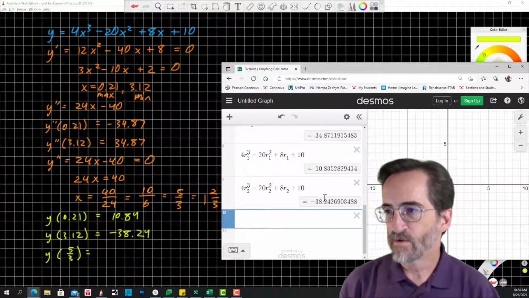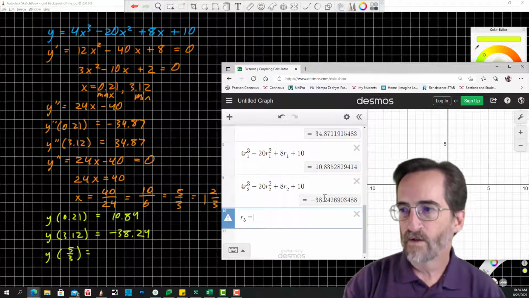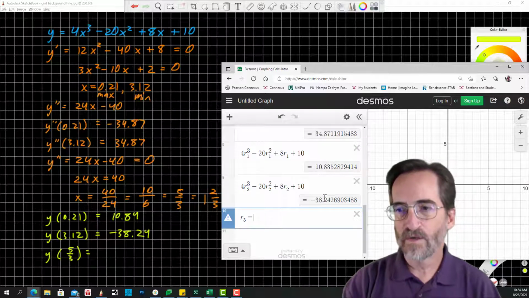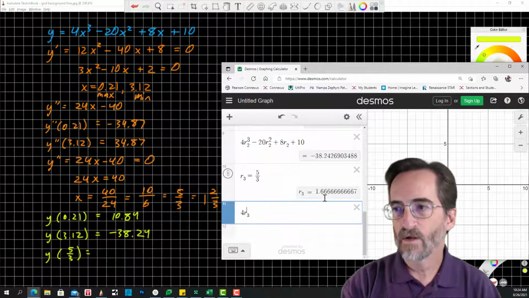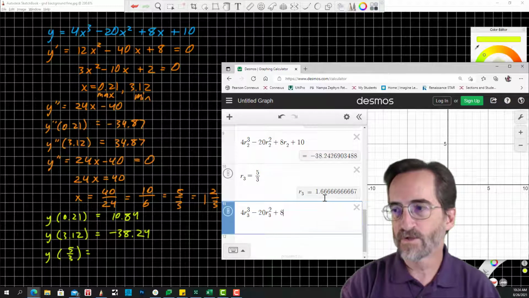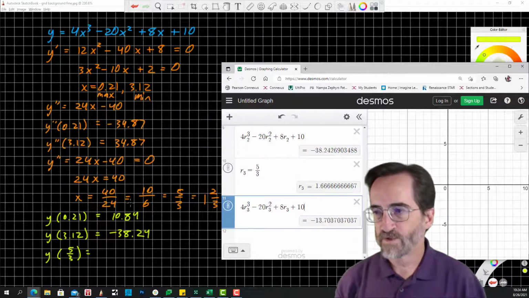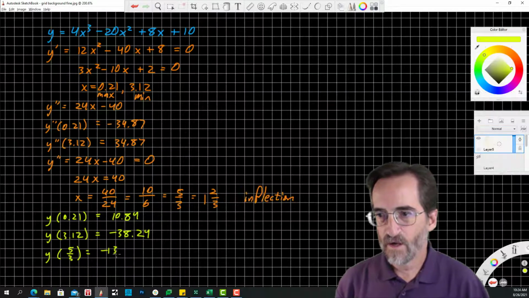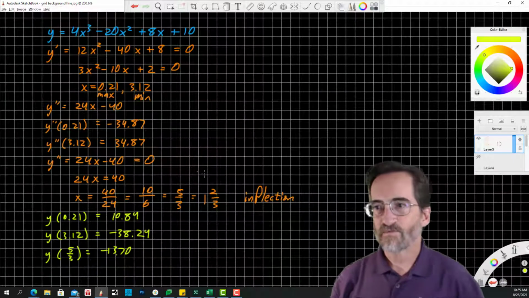Okay, let's go R3. R3 equals 5/3. So 4 R3 cubed minus 20 R3 squared plus 8 R3 plus 10. I get negative 13.70. So we've got some points here.